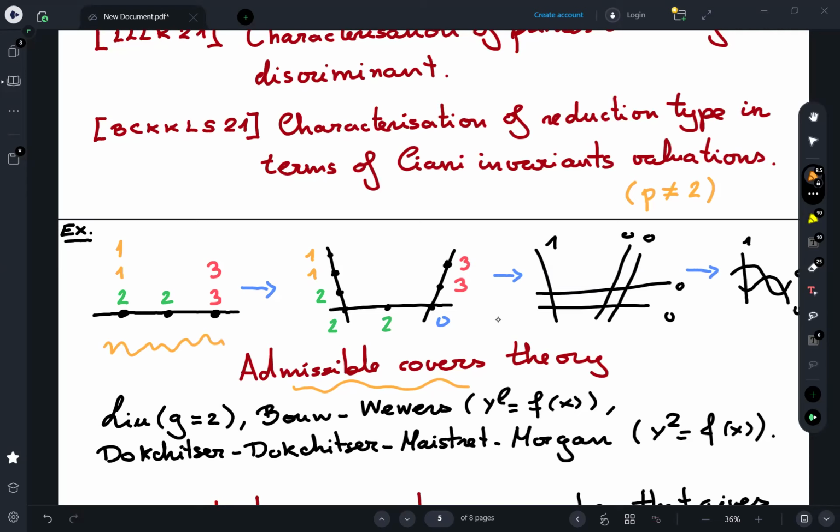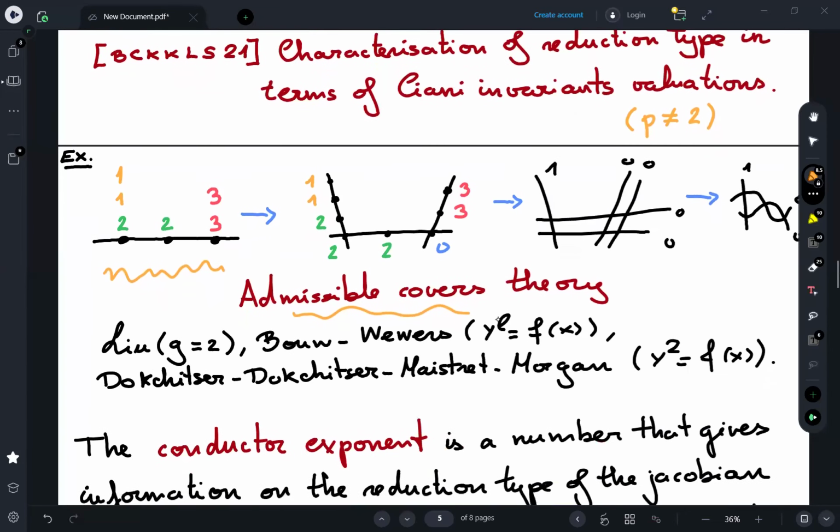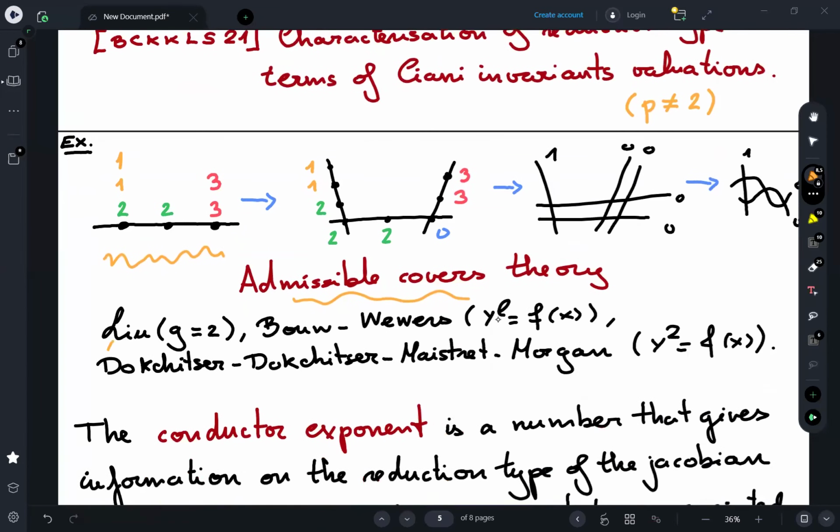And this was really nice because, previous to this work, we only knew how to compute reduction types for genus 2 curves. That was work of Liu. Vaux and Bouw explained how to do it in theory for superelliptic curves. And then the brothers Dokchitser, Céline Maistret, and Adam Morgan had worked out the details for the hyperelliptic case.